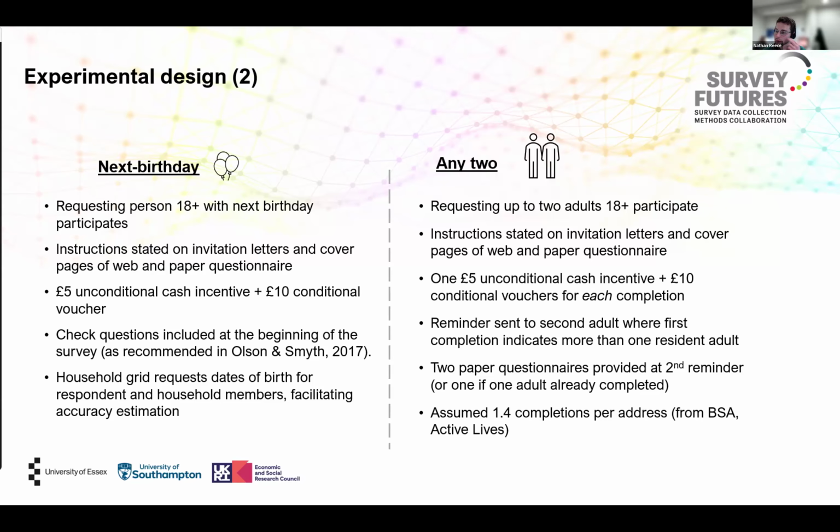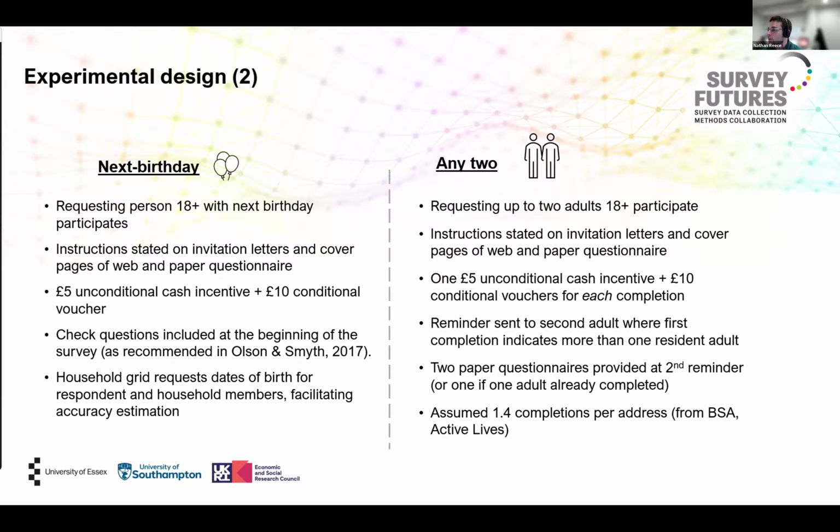There's some literature on this that it boosts compliance with the method. And we also had in the household grid dates of birth for the respondent and all household members. So after the survey was done, we could estimate how often the person with the next birthday actually completed the survey. For any two, we requested up to 2 adults, 18 plus, participate.